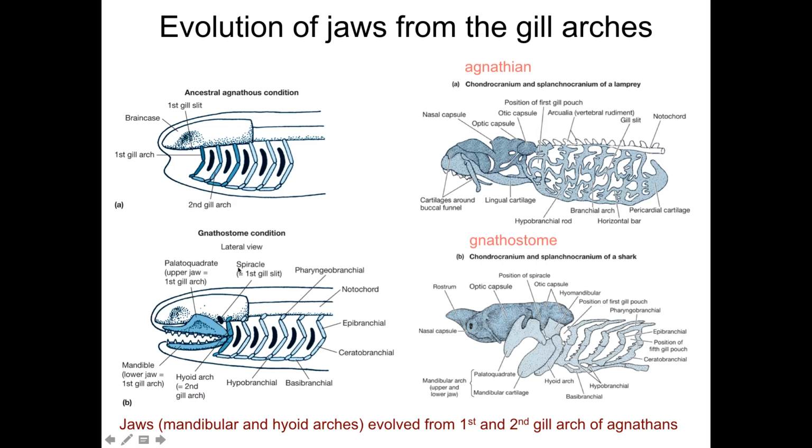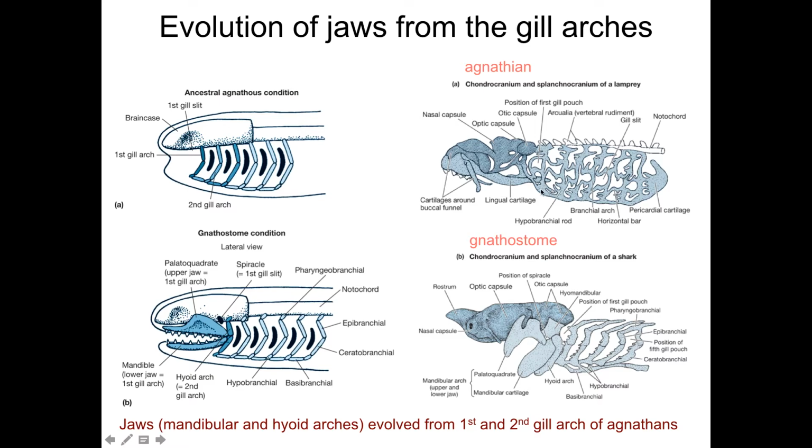And this first gill slit, like I said, becomes a spiracle. So their jaws, their mandibular and hyoid arches, evolved from the first and second gill arch of the jawless ancestral vertebrates. This can also be seen here in the actual skeleton of the lamprey, which is a living jawless vertebrate.